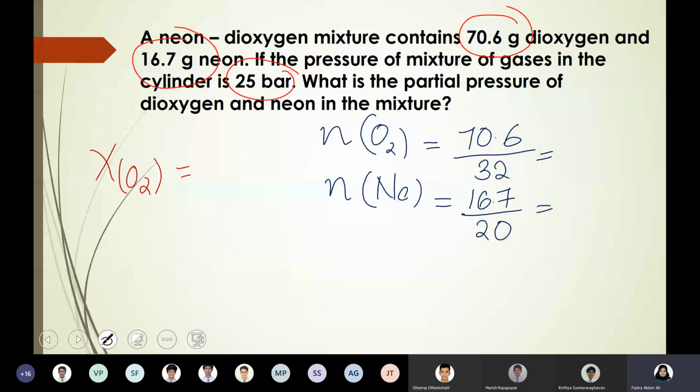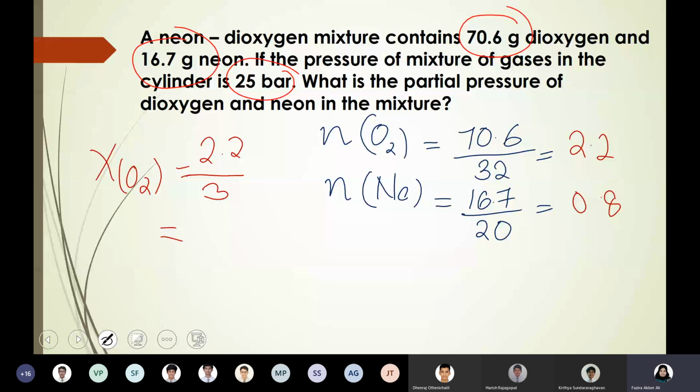For that, what is the value, the number of moles of oxygen? How much are you getting? 2.2. 2.2 here, and for neon? 0.8. So here it will be 2.2 divided by 3, almost, because it is the number of moles of oxygen divided by the total number of moles.